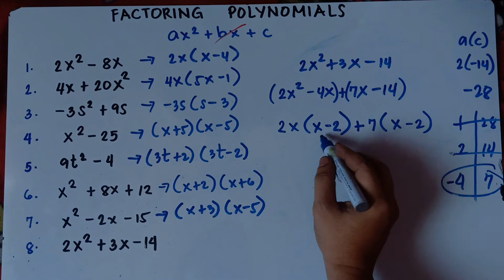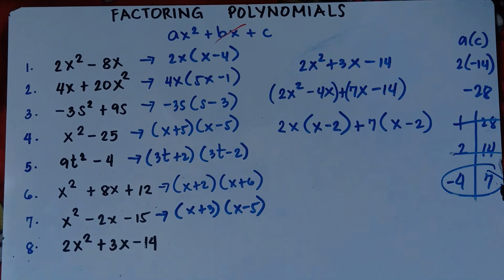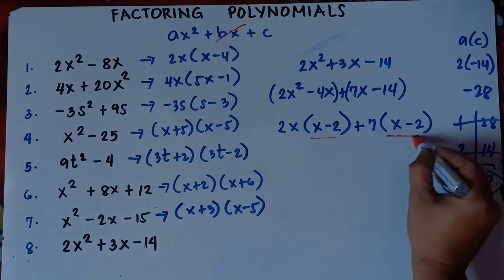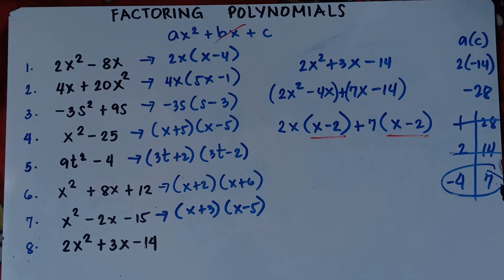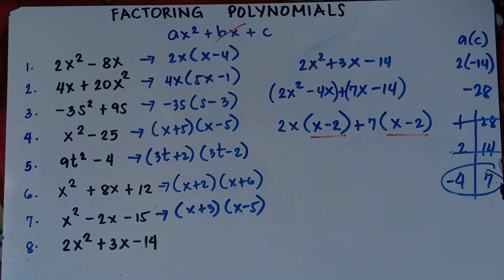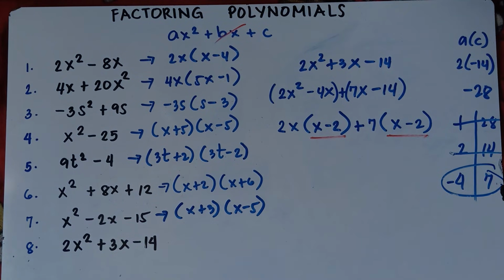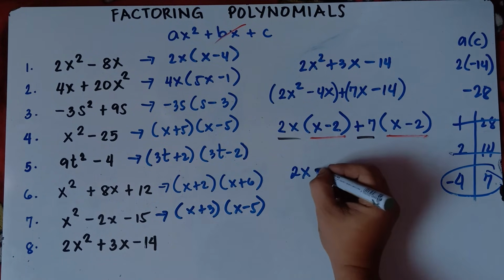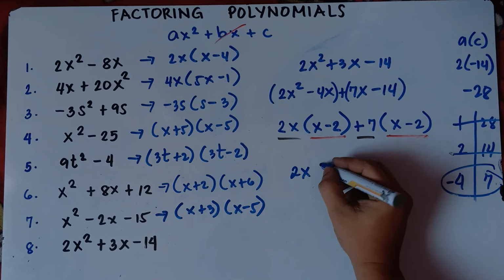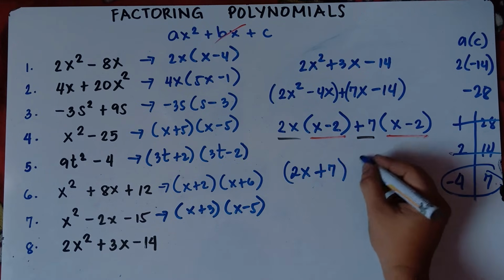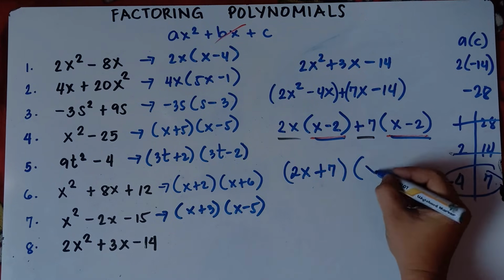Alright, now since these two expressions are equal, we can equate them. So just copy this, class. This will be your first factor, 2x plus 7, and the other factor, x minus 2.